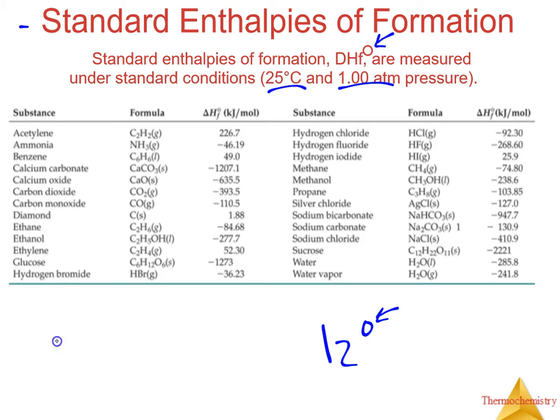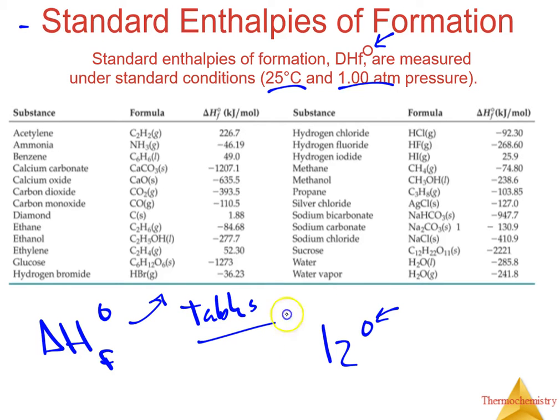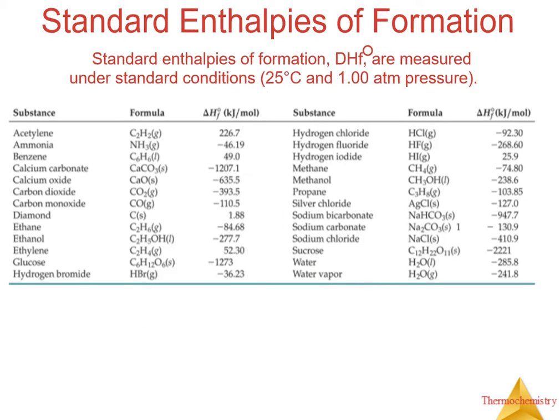So these delta Hf naught values are found in tables. They're not things that you have to calculate, but you have to use them to find other things. So far, are we okay? Now, we do need to be careful when we use these tables. You must pay attention to the state that the substance is in.